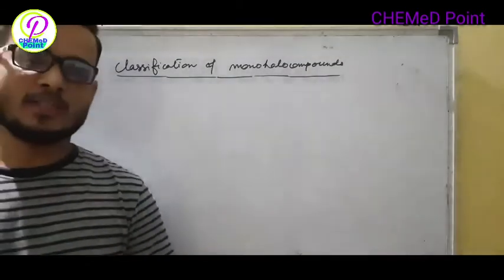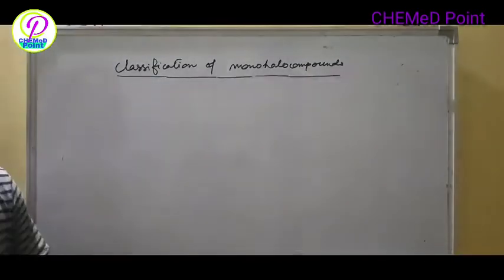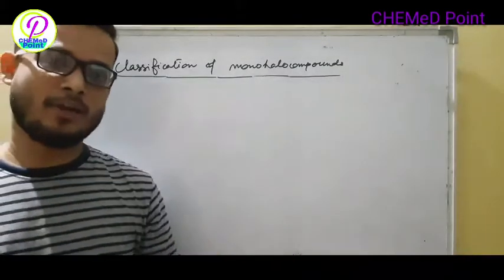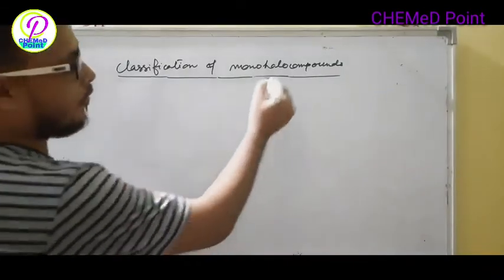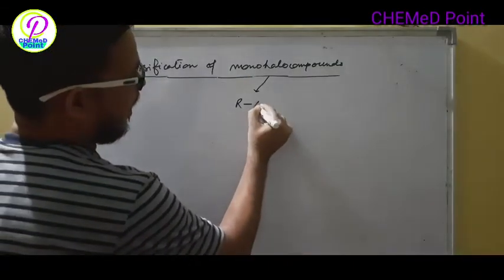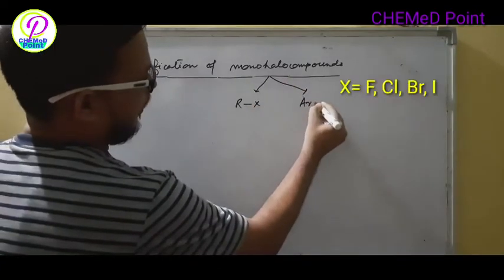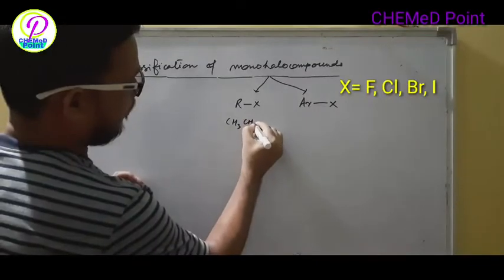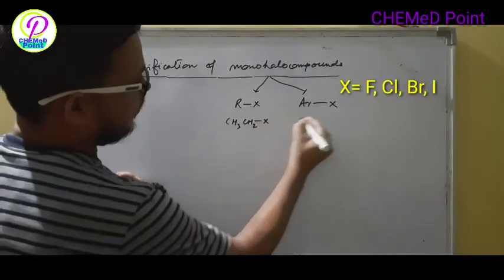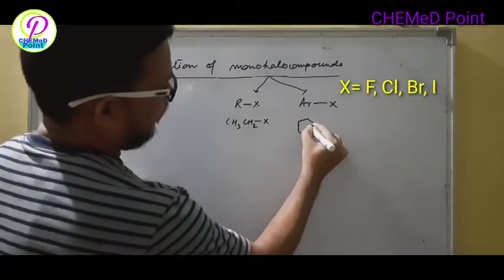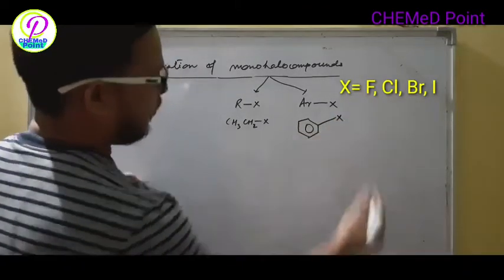Today we are going to classify monohalo compounds. We know that monohalo compounds are those in which only one halogen atom is attached to the carbon of the alkyl group or aryl group, that is RX or ArX. Let us take an example: CH3CH2X.